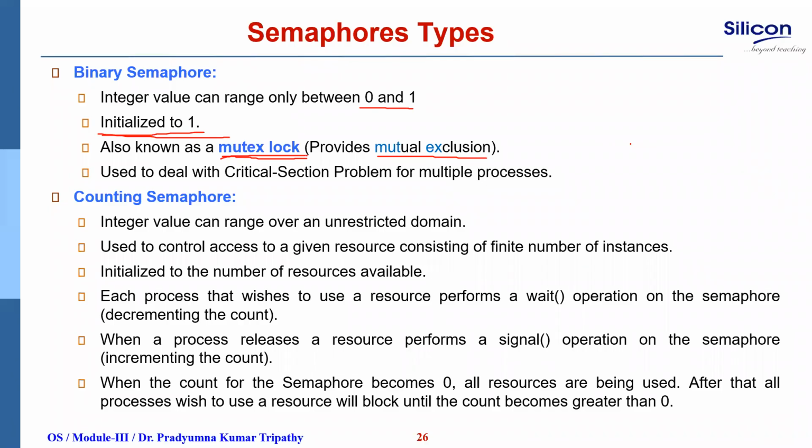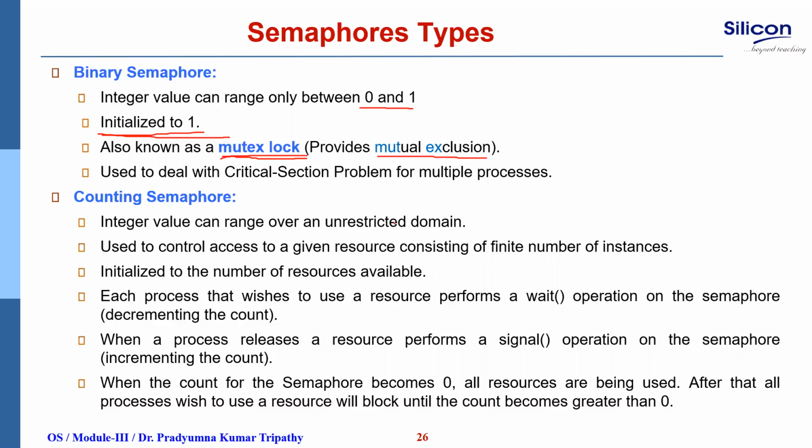There is another kind of semaphore called the counting semaphore. The counting semaphore integer value can range over an unrestricted domain. So you do not have a restriction of 0 and 1. You can go on counting, so you can have values like 1, 2, 3, 4, 5, 6, 9.